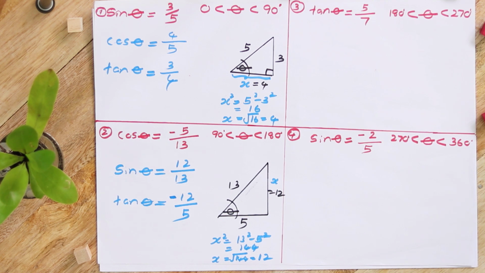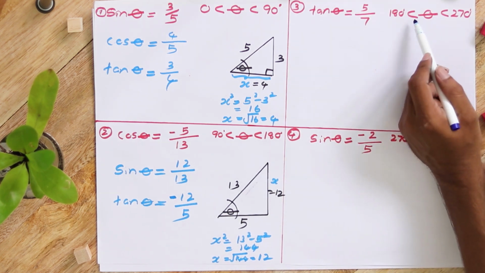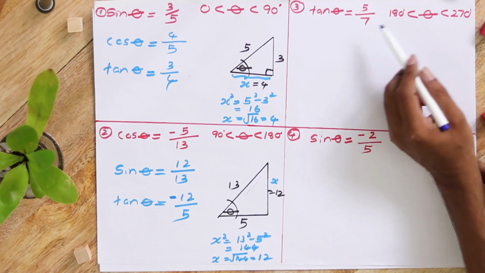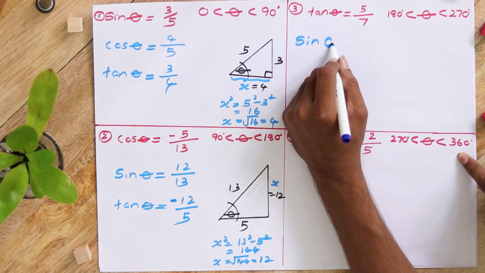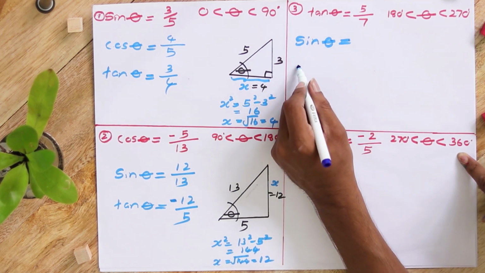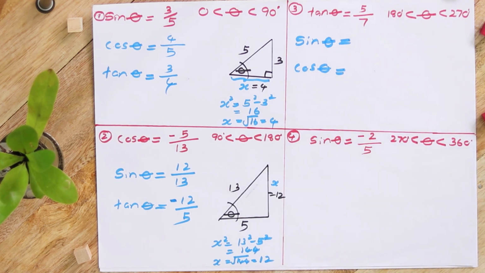So moving on to the third question. Now tan theta is given. They are mentioning the third quadrant, 180 and 270. So tan is positive. When we are finding the sine theta and cos theta, first of all, we'll find the values. Later on, we'll look into the signs.